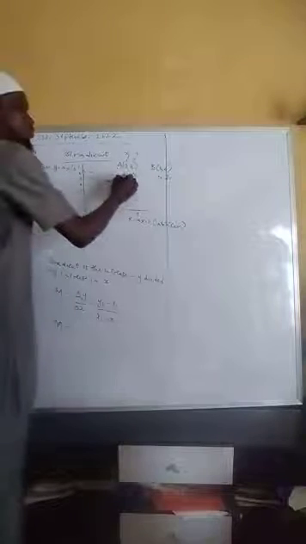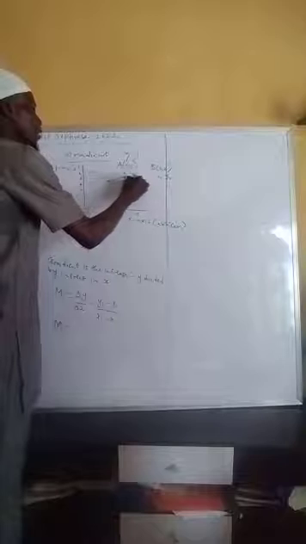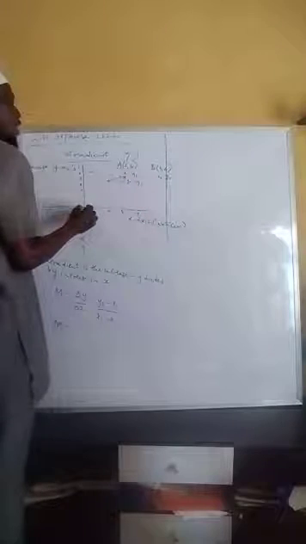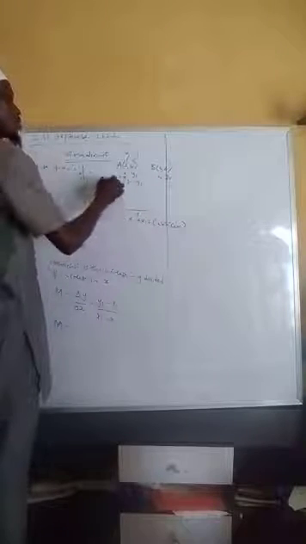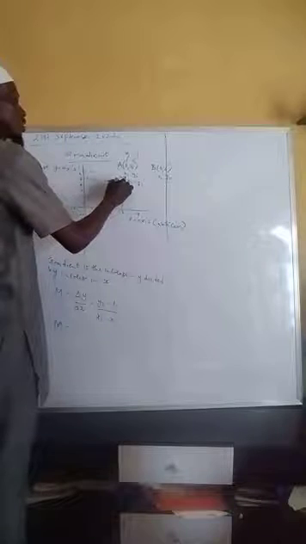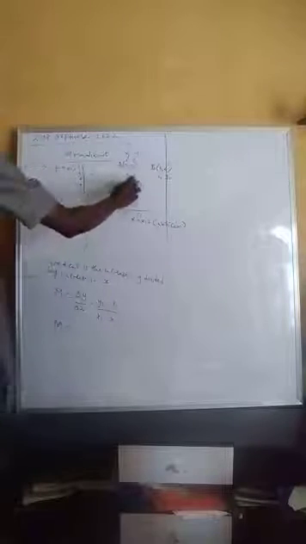So from this point now, we can calculate the gradient from here, and we say m is equal to, what is our y2? So the distance from here to here is our y2 minus y1, and then the distance from here to here is our x2 minus x1. So the distance from here to here is what?